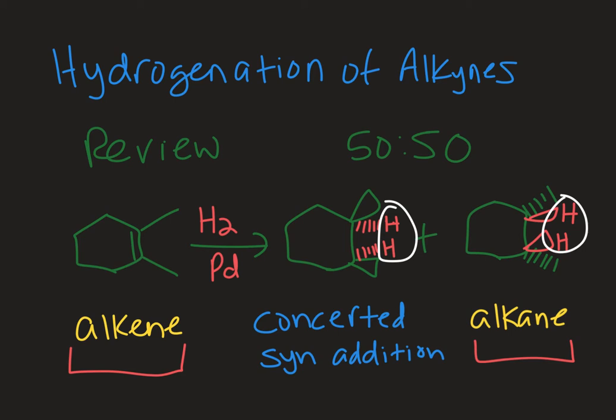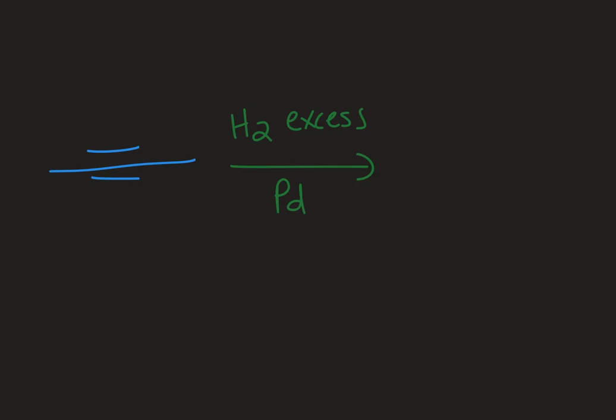Okay, so we're going to look at adding H2 across an alkyne where we have two pi bonds and the different ways that we can control that reaction. So let's first look at an example where we add excess H2. In the presence of the palladium catalyst, which helps facilitate the delivery of H2 across those pi bonds, if you have excess, you're going to end up adding two equivalents of H2 because you have two pi bonds.